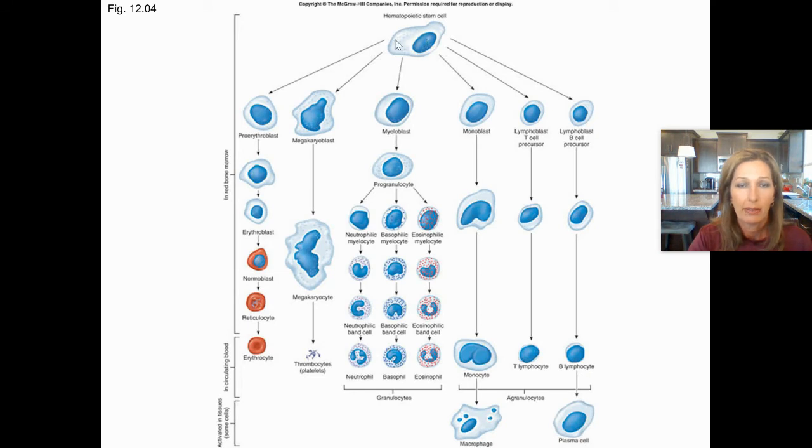They all originate in your bone marrow, just so you know, from these pluripotent stem cells. But it really is a matter of which signal molecule they receive in order to become your erythrocytes, your platelets, or your leukocytes.